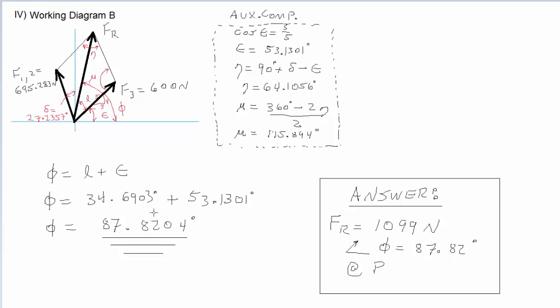However, when I did my math, I saw that phi was 87 degrees. So that told me that FR is actually in the first quadrant because phi is slightly less than 90. If that happens in one of your problems, you don't have to worry about redrawing your diagram. However, you do have to correctly incorporate the sign into your answer. Once again, the basic principle for this course is your diagrams need to be neat, but they don't have to be geometrically accurate. They just have to be mathematically accurate.